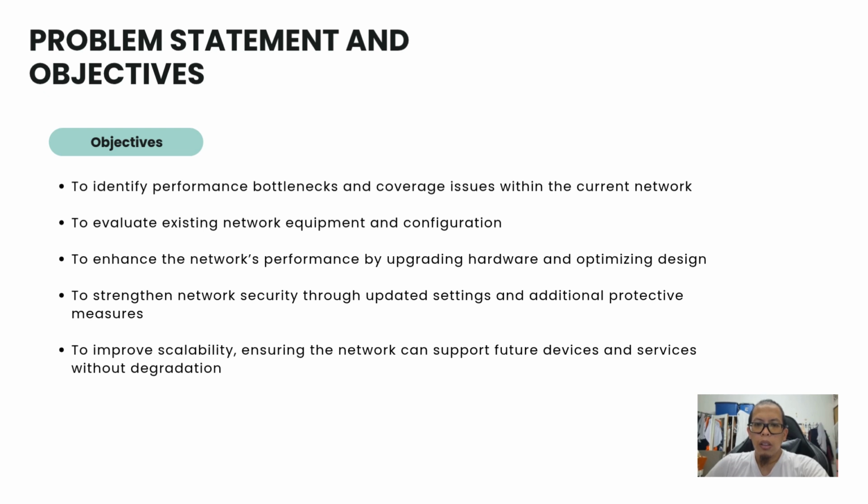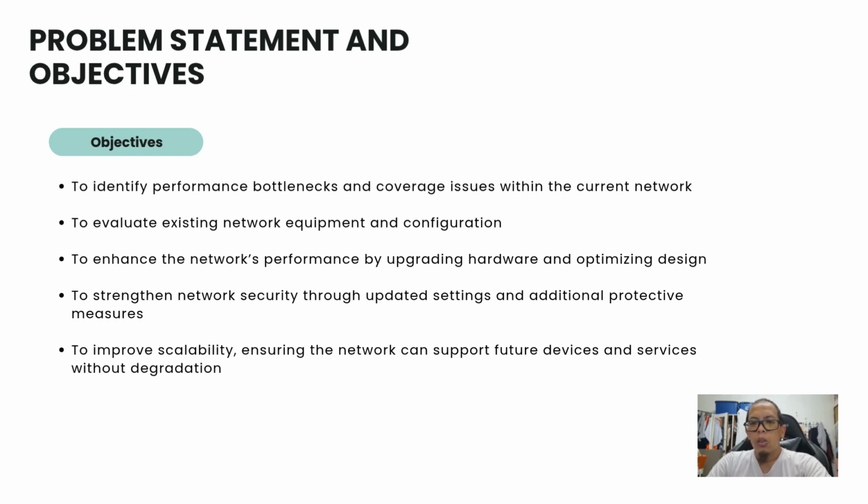In the objectives part, there are several areas that we need to tackle. The first one is to identify performance bottlenecks and coverage issues within the current home network. The second, to evaluate existing network equipment and configuration. Third, to enhance the network's performance by upgrading hardware and optimizing design.